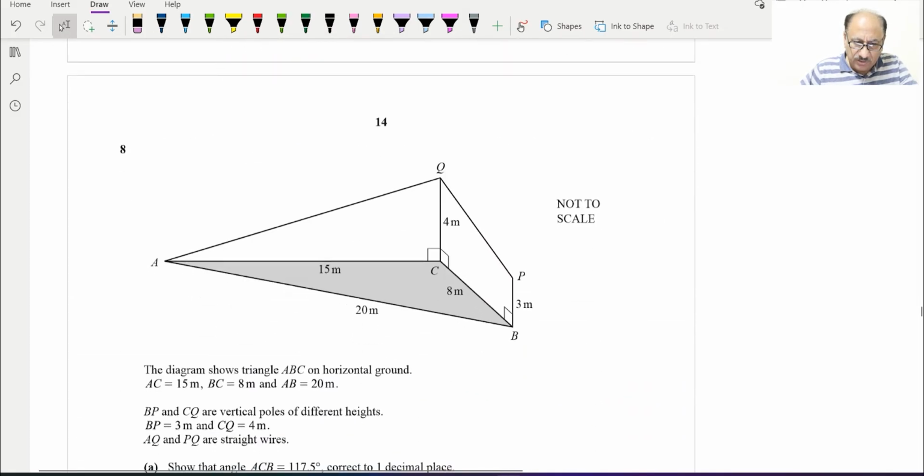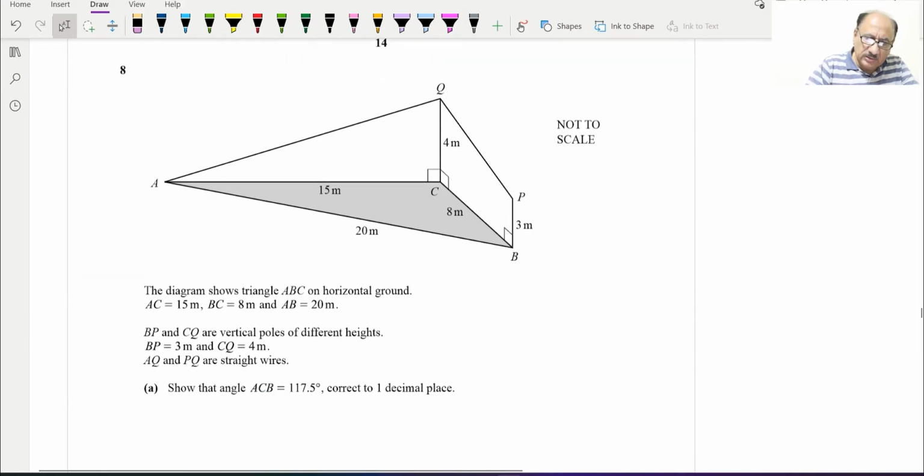Now question number 8, and question number 8 is a three-dimensional diagram, which is not to scale. The diagram shows triangle ABC, which is shaded, on horizontal ground. AC is equal to 15, BC is equal to 8, AB is equal to 20, and BP and CQ are vertical poles of different heights.